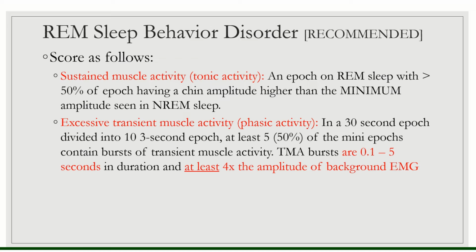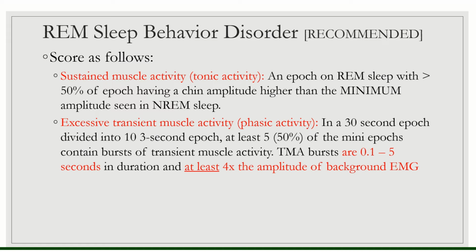Okay, excessive transient muscle activity. If we were to break down a 30-second epoch into ten individual 3-second epochs, at least 5 of those epochs have to contain transient muscle activity. I'm going to show you a picture of what transient muscle activity looks like.